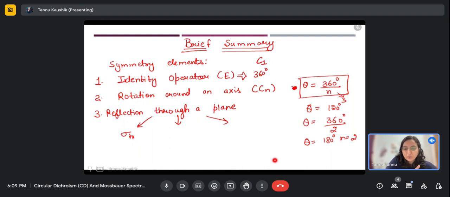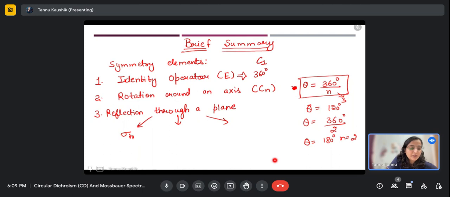Then we have a rotation around an axis, that is Cn symmetry element. So if we are rotating a molecule, for example, around 120 degree angle, then this n will be 3. That is, we will have a C3 rotational axis. So in a particular molecule we will have one principal axis, and that principal axis will be the minimum rotation around which we are getting an equivalent symmetry.